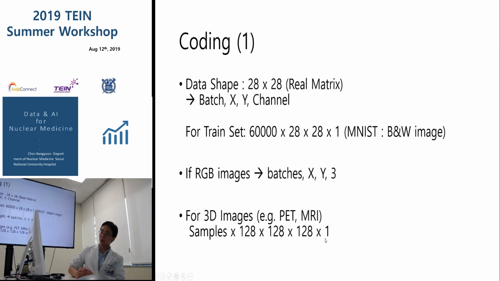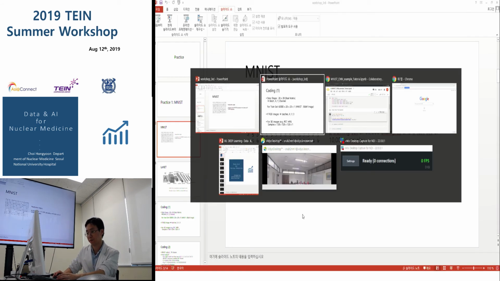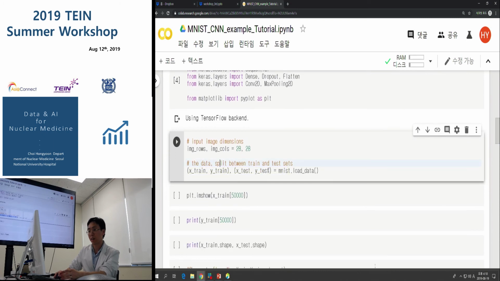Sometimes we can deal with multi-channel MRI, for example T1 and T2 and other types of diffusion-weighted imaging, with one deep learning model, so we can use different channels in here. So this is the basic of the data shaping. So we will load the MNIST data with this code.